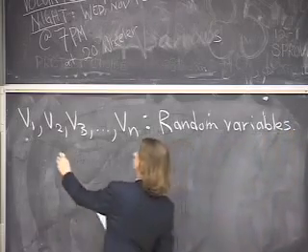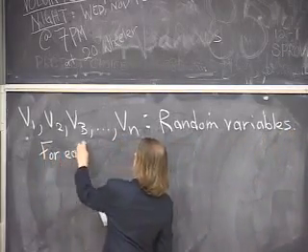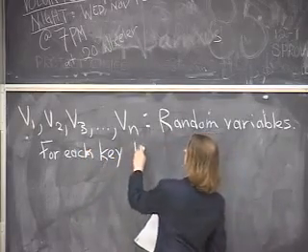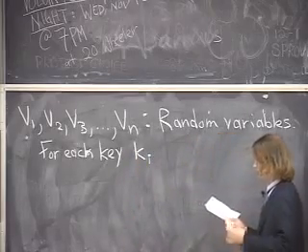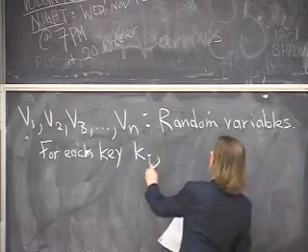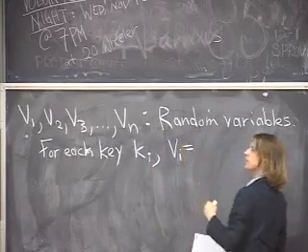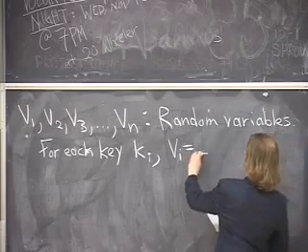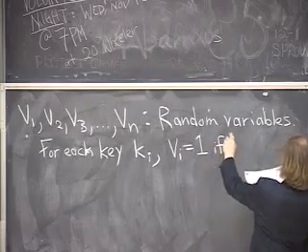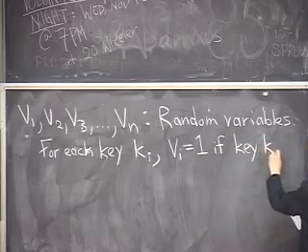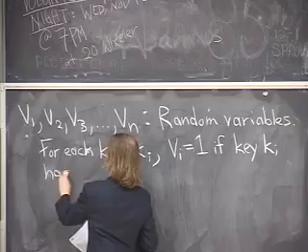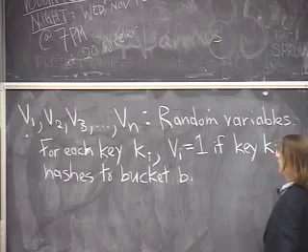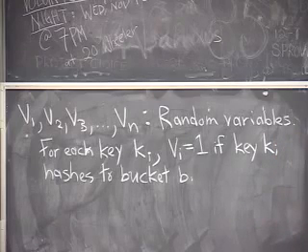It's chosen such that for any key, call it K subscript I, the random variable that goes with that key is set to 1 if that key falls into bucket B, and 0 if it hashes into any of the other buckets.